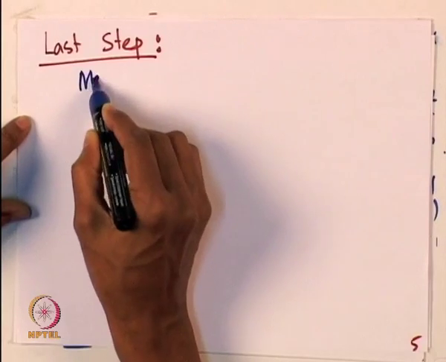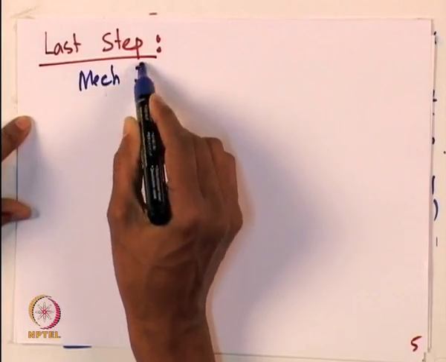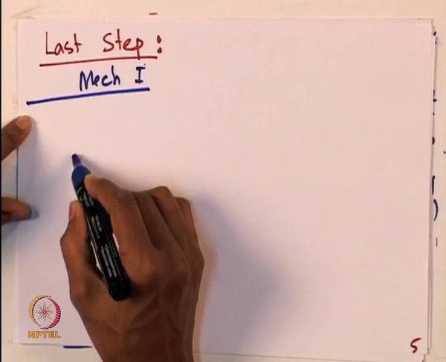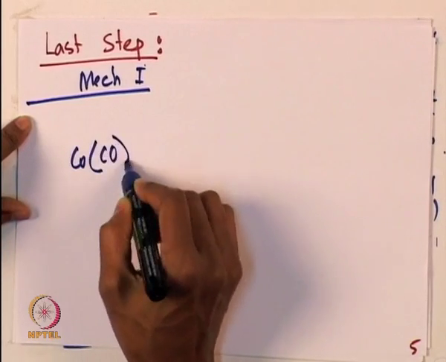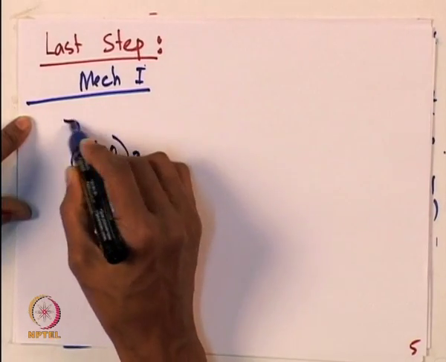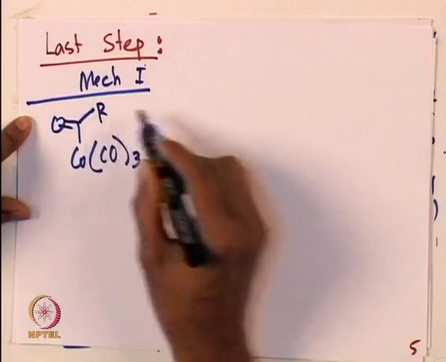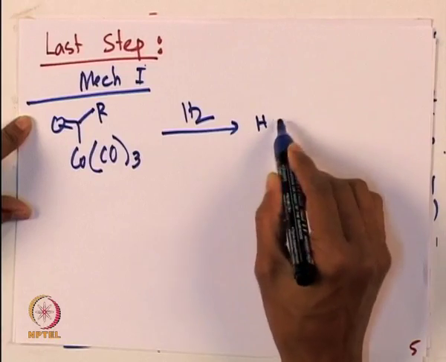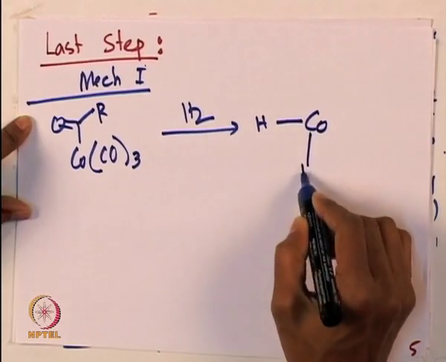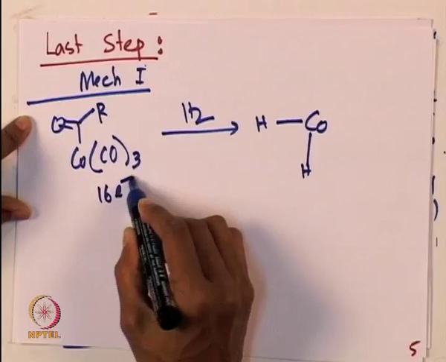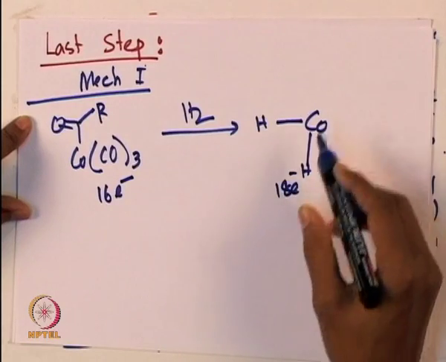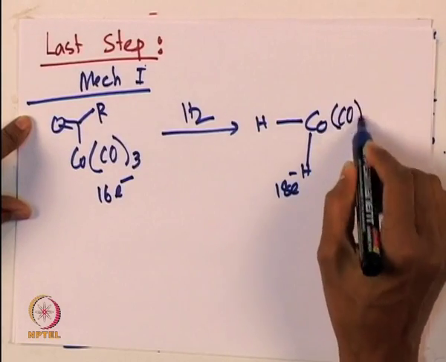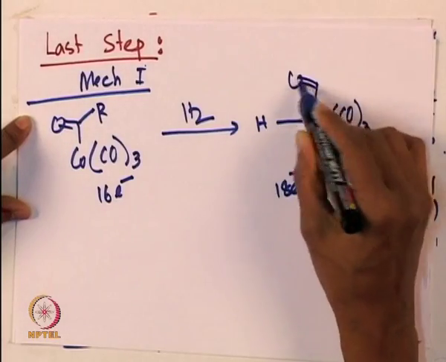So, mechanism 1, the first type of mechanism would be the one where we have the oxidative addition. Of course, that is one of the usual suspects. We think that there would be an oxidative addition, and that will give rise from 16 electron to 18 electron species, with CO3 and COR.